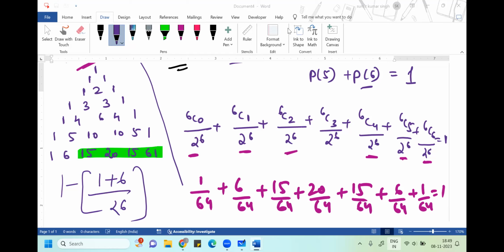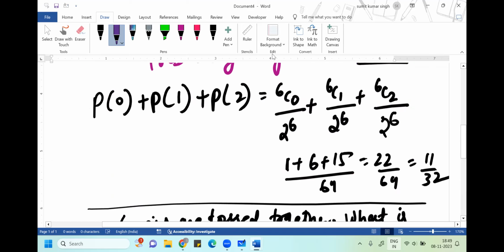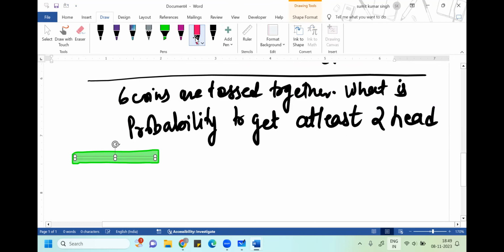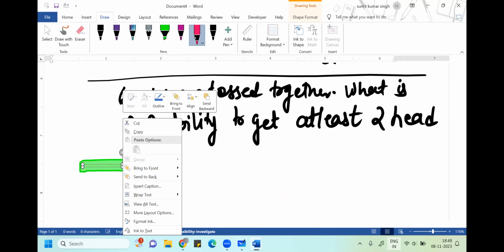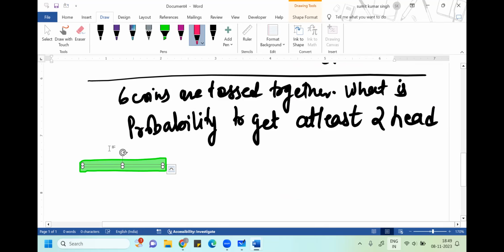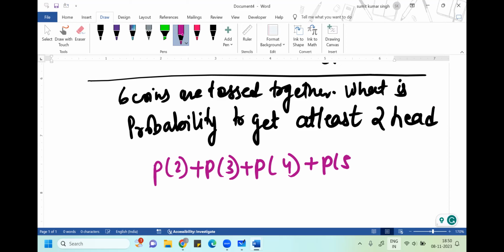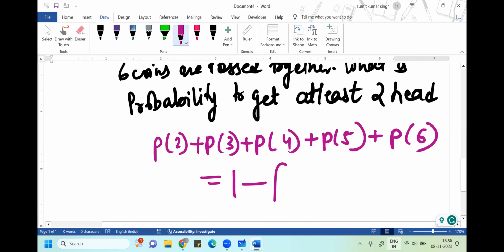Very good, Suhas. So when I'm asking you at least two head, what you have to do, at least two head means two head or three head or four head or five head or six head. Either you do like this or this is also equal to 1 minus probability of 0 head plus 1 head.